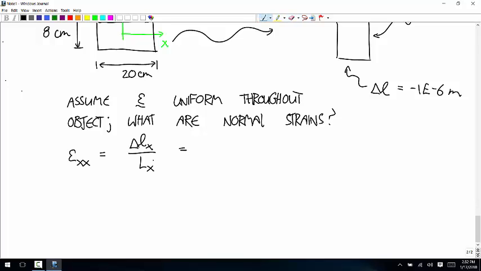Along the x direction, the delta L is negative 1 times 10 to the minus 6.